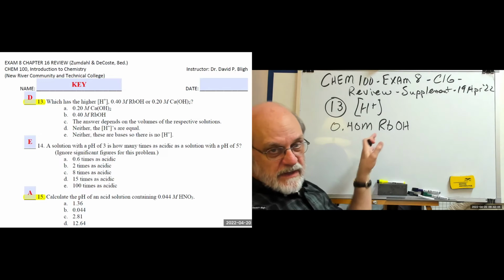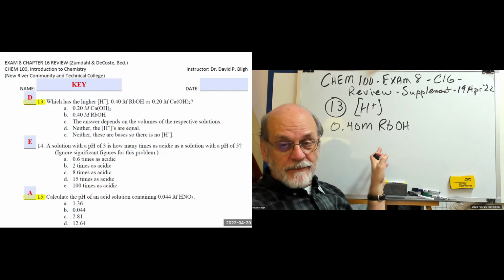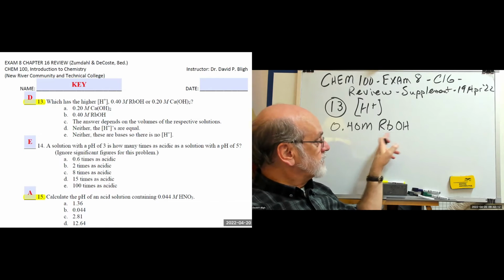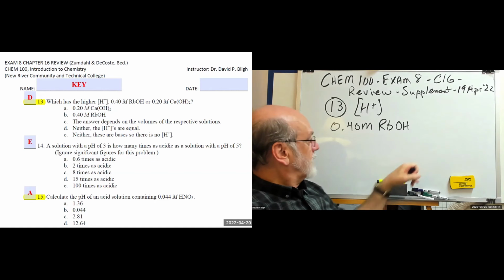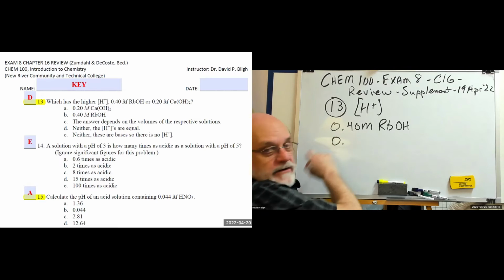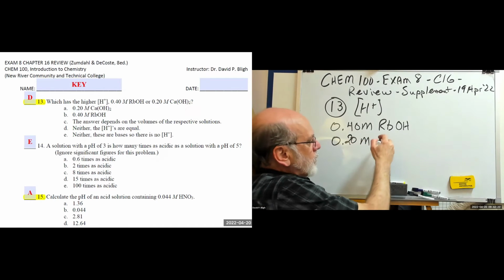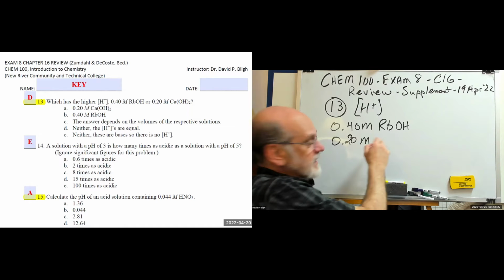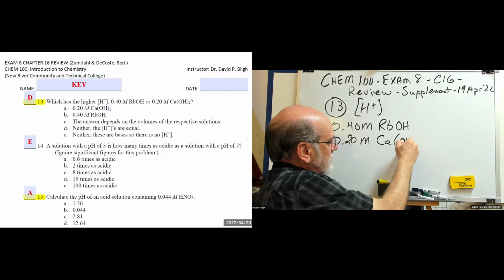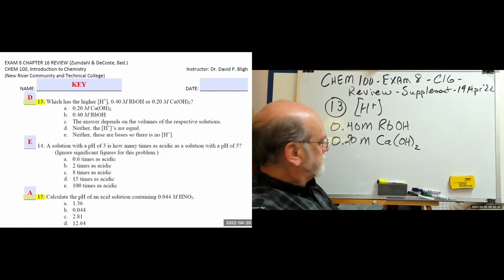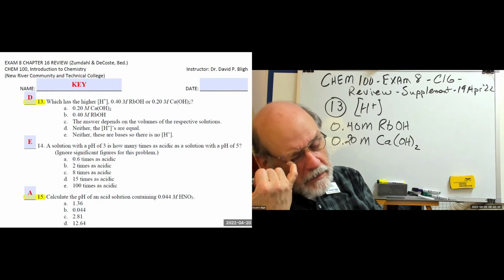So rubidium is an alkali metal, which means it only has one hydroxide. This is a +1, that's a -1. Okay, we're going to compare that to 0.2 molar calcium hydroxide.